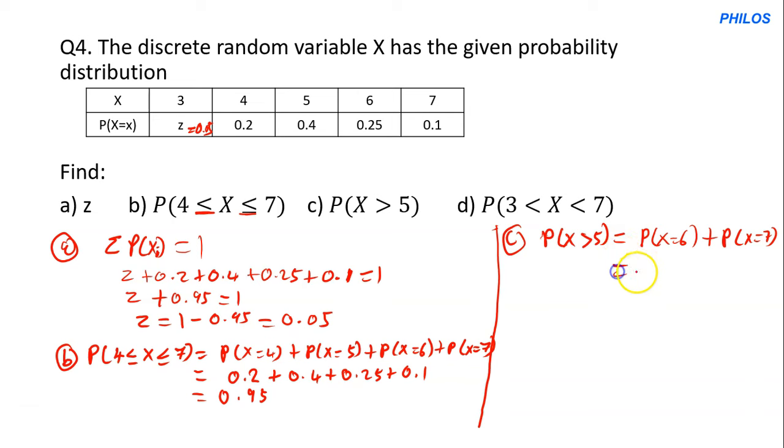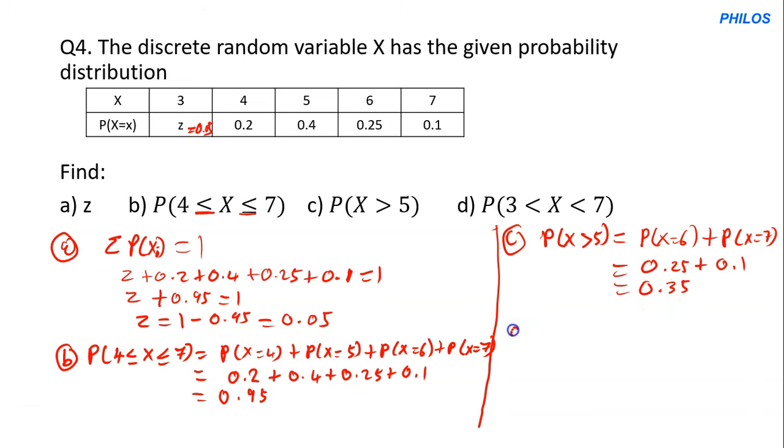So what is the probability of exactly 6? It's 0.25. Plus, what is the probability of exactly 7? Is 0.1. So 0.25 plus 0.1 will give us 0.35. So the answer for question C is 0.35.